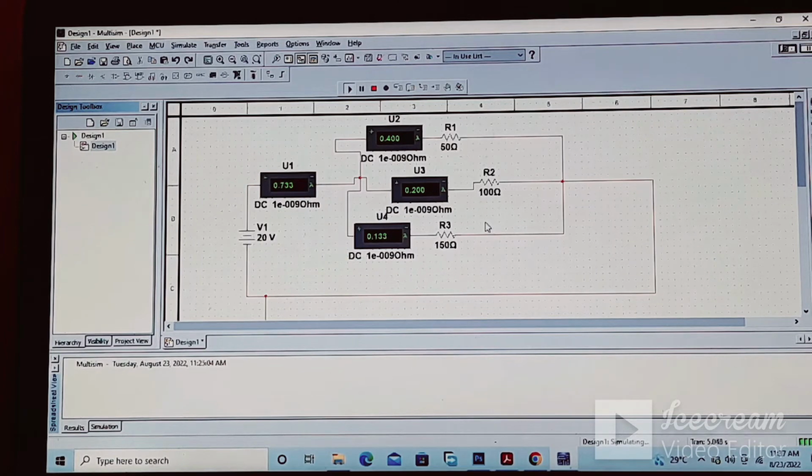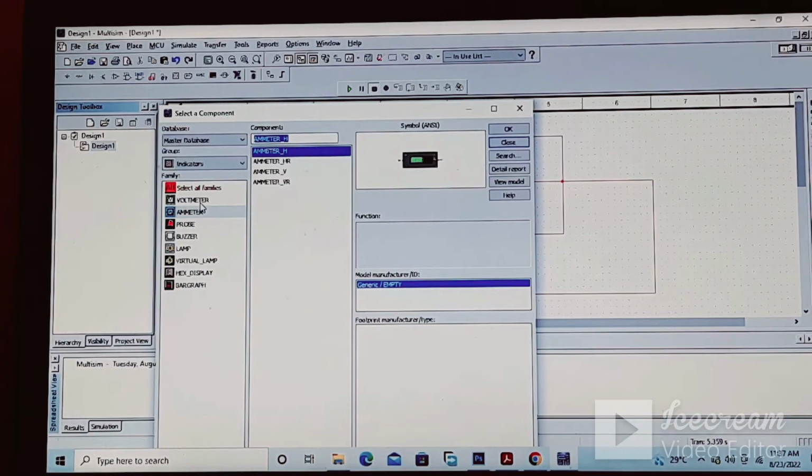So if we are going to measure the voltage across each resistor, take the voltmeter from this place indicator.